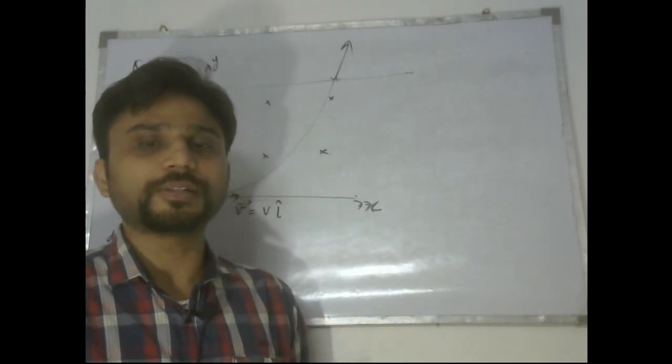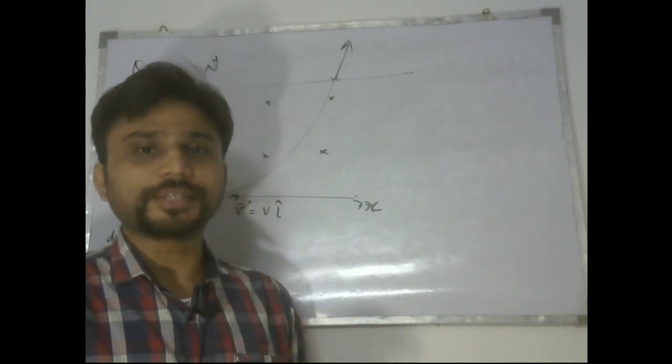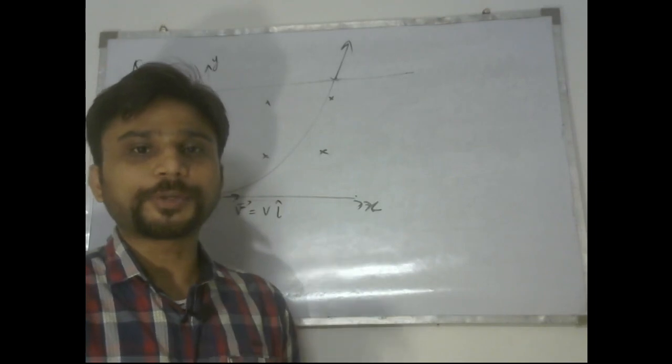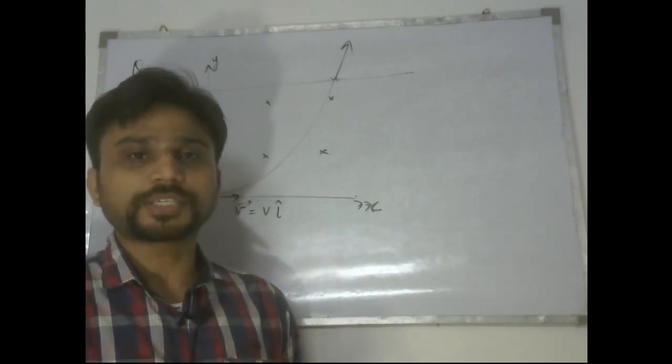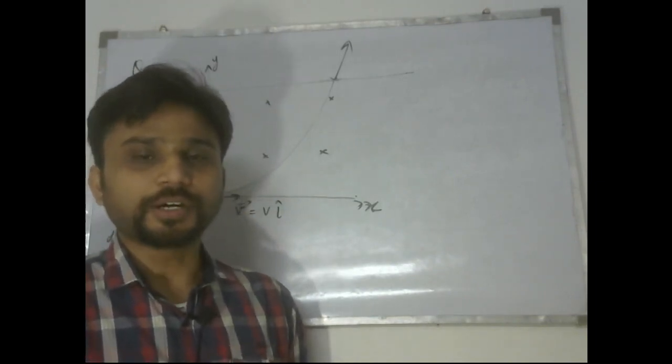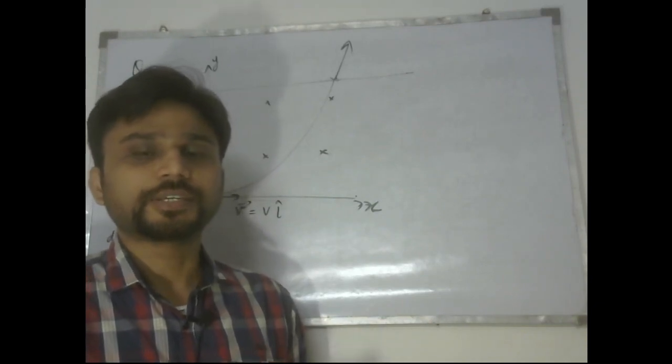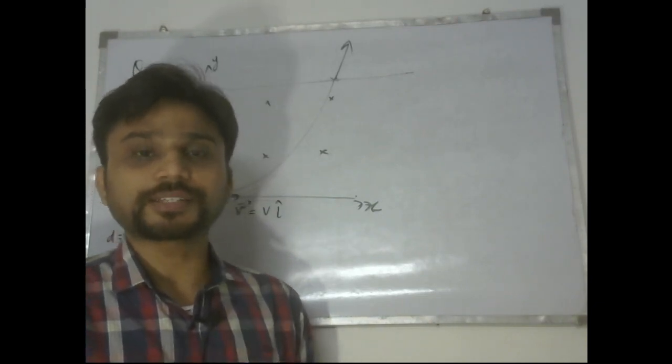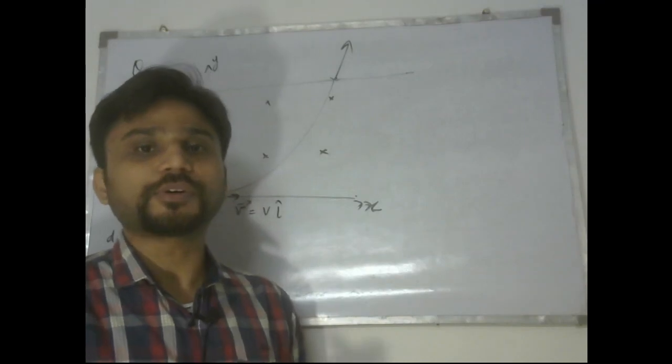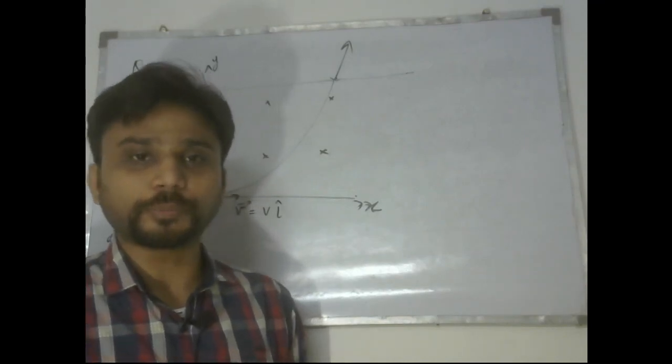When a charged particle enters perpendicular to the magnetic field, it experiences a force perpendicular to velocity, which is given by qv cross B or qvB sine theta, which acts in such a way that it is always directed towards some particular point.